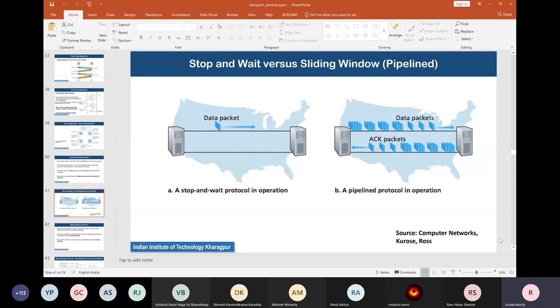So here it is slightly more complicated. The complication is by the fact that the rate at which the data segments are generated by the sender and the rate at which the data segments are removed by the receiver are not constant over time.